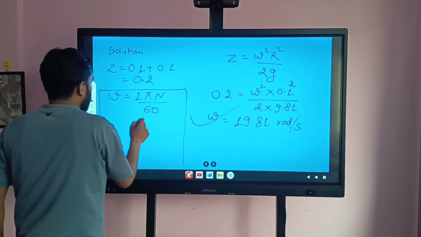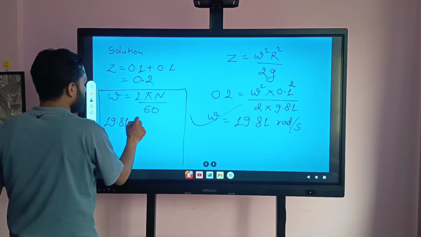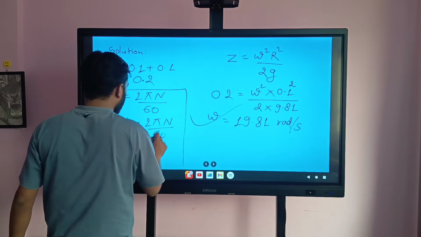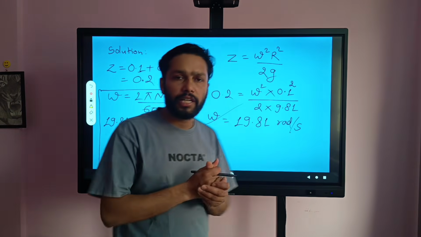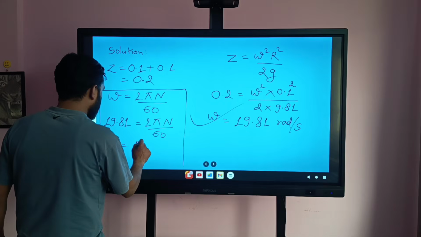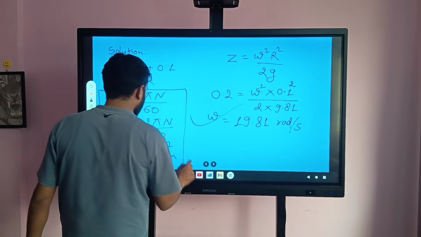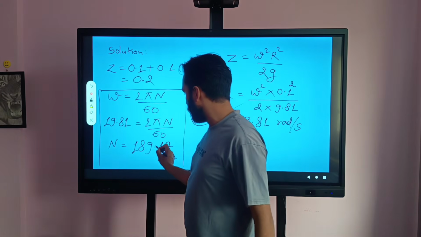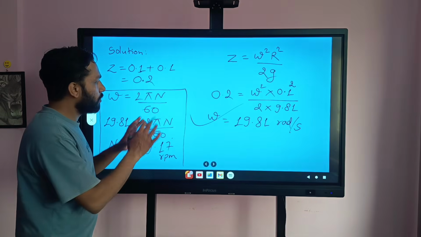You substitute omega 19.81 here: 19.81 is equal to 2 pi into n divided by 60. And n is 189.17 rpm. This is the revolution per minute; in 1 minute it revolves this many times, and you can just round it up.